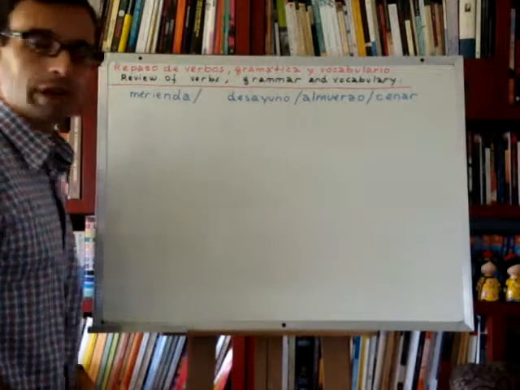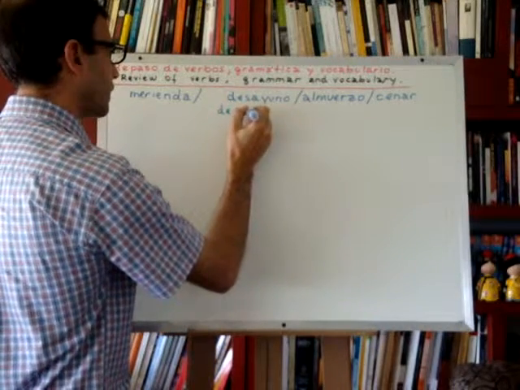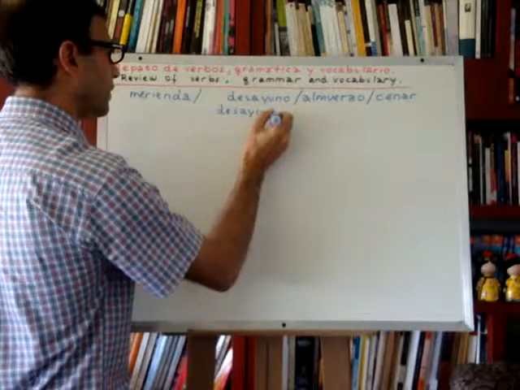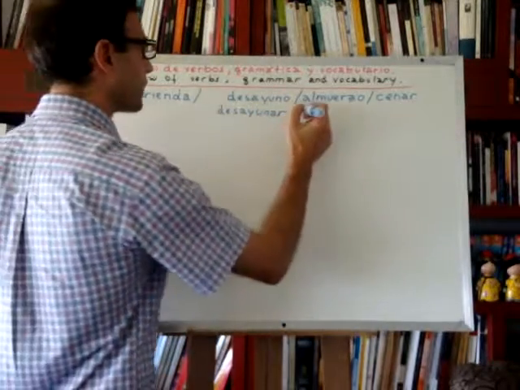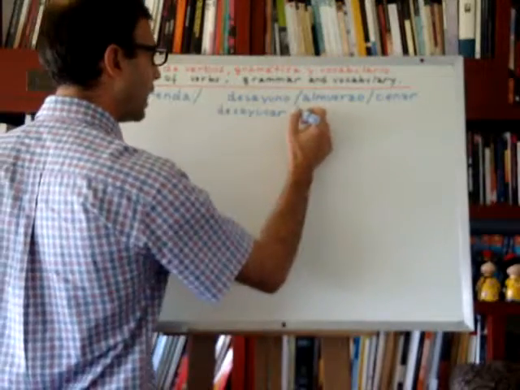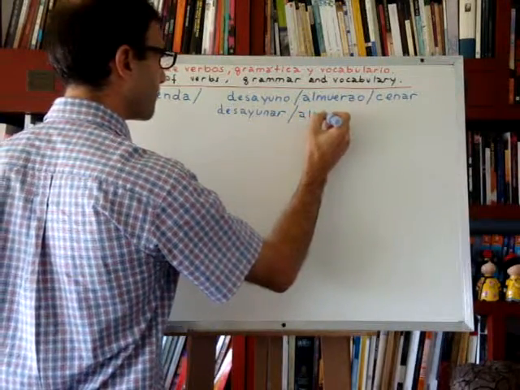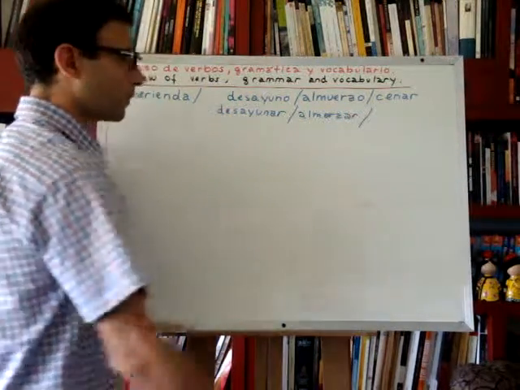So, to have breakfast is desayunar. Desayunar is to have breakfast. It is a regular verb. To have lunch is almorzar. Almorzar, to have lunch.